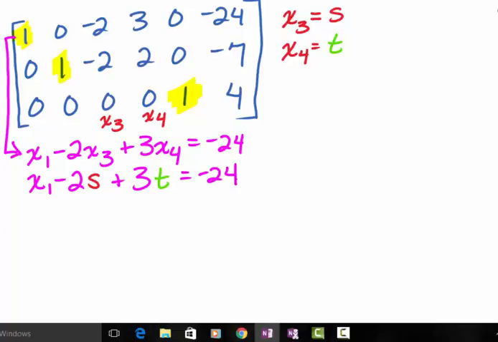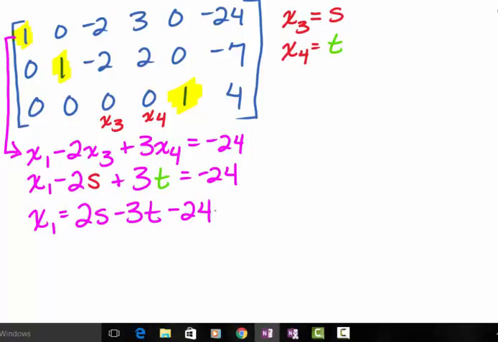So I don't need to use the x sub 3 and x sub 4 anymore. They're my free variables. They're the two parameters. x sub 3 can be anything, we'll call it S. x sub 4 can be anything, we'll call it T. And what this allows me to do is just algebraically solve for x sub 1.